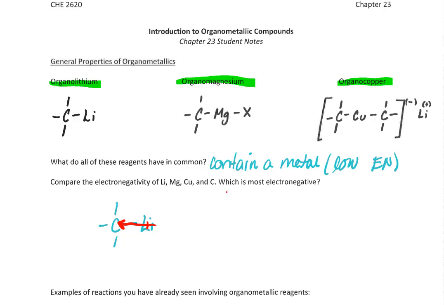Almost all of the time that we see a polar bond, the external atom, the attached atom, not the carbon, so the heteroatom, is the one that has the partial negative. And in this case, it's the carbon that has the partial negative.